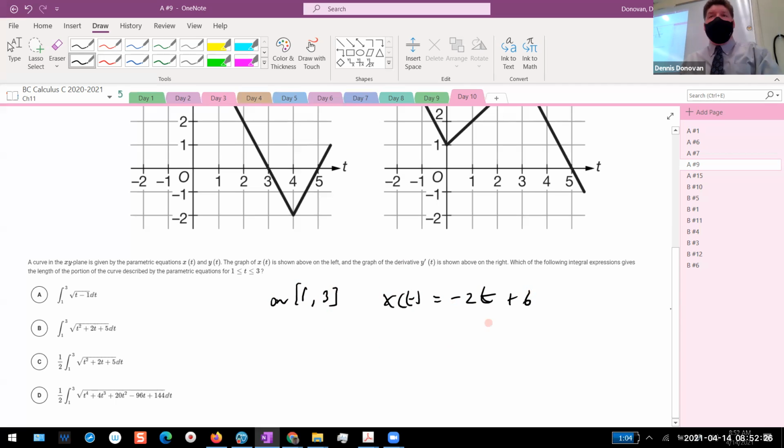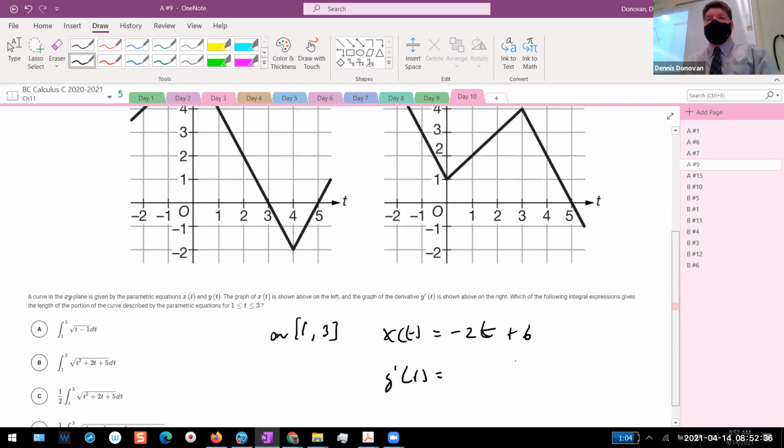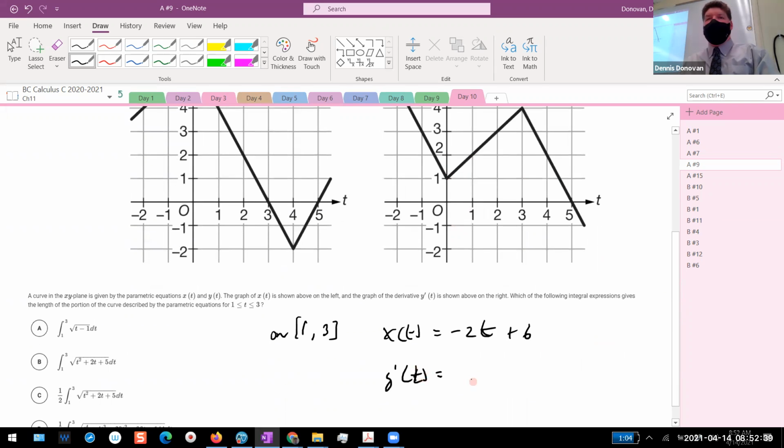And y prime of t is also linear. Its y-intercept is 1, and the slope is 1. So y prime of t is t plus 1.